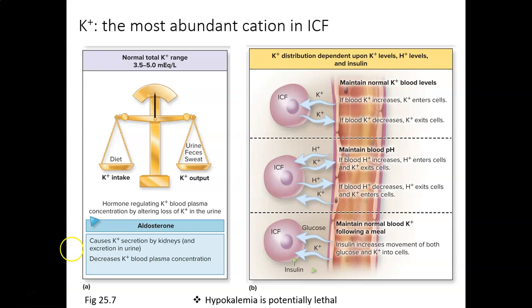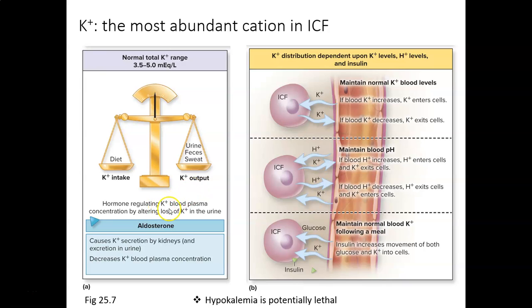Then let's look at potassium. If you still remember, the normal range is very, very low in the ECF. So it's normally really low in the ECF, but most abundant in the ICF. Again, the intake is from diet, the output is from urine, feces, and sweat.